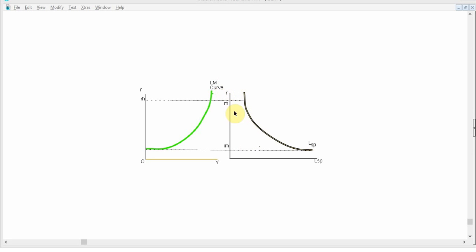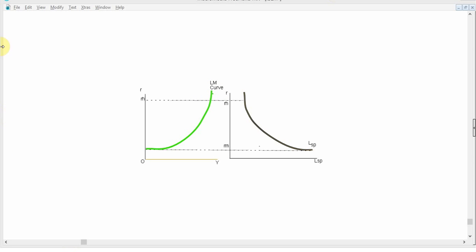So if at such a high interest rate the speculative demand for money becomes unresponsive, or the elasticity becomes zero, then the LM curve becomes vertical. This vertical part of the LM curve corresponds to this vertical part of the speculative demand for money curve, and this portion of the LM curve is also called the classical range of the LM curve.